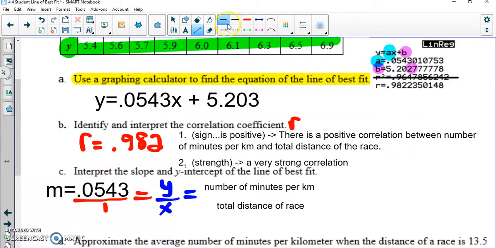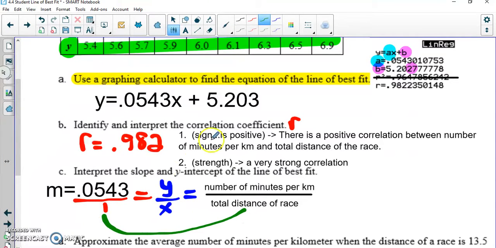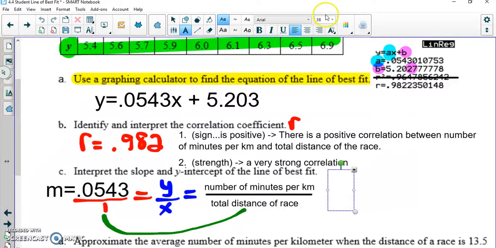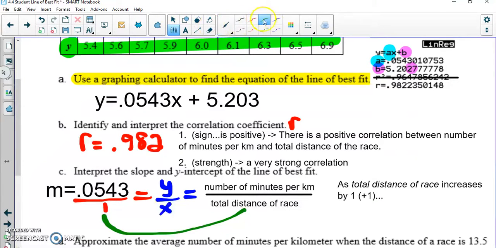So when I see this fraction, I know what it's describing to me. What I can see here is that the total distance of the race was 1, and that's a positive 1. So as the total distance of the race increases by 1, or in other words, we see a +1 on the bottom, what is the number of minutes per kilometer doing? Well, the number of minutes per kilometer is being described by 0.0543, and again, that's a positive number too.